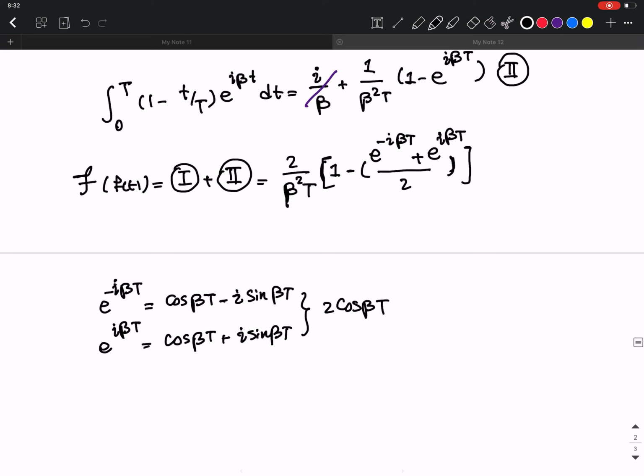So 1 plus 2 is going to be 2 over beta squared t times 1 minus cosine beta t.